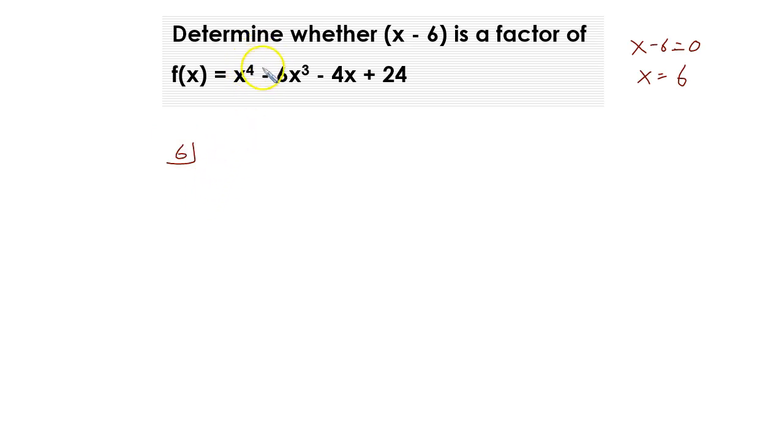Our exponent countdown, 4, 3. We're missing the x squared, so we'll make sure we put that placeholder in of 0. X to the first, x to the 0. So we're going to divide into 1, negative 6, placeholder of 0, negative 4, positive 24.